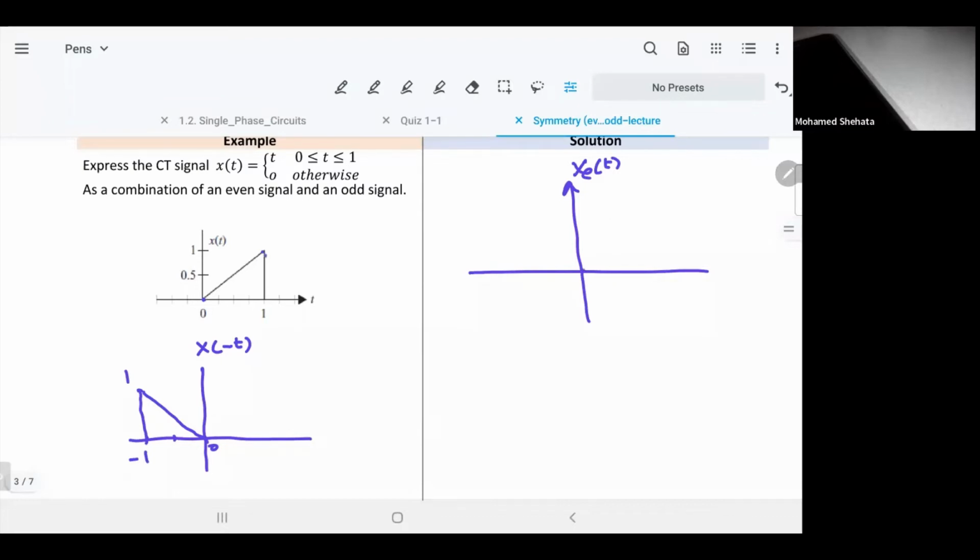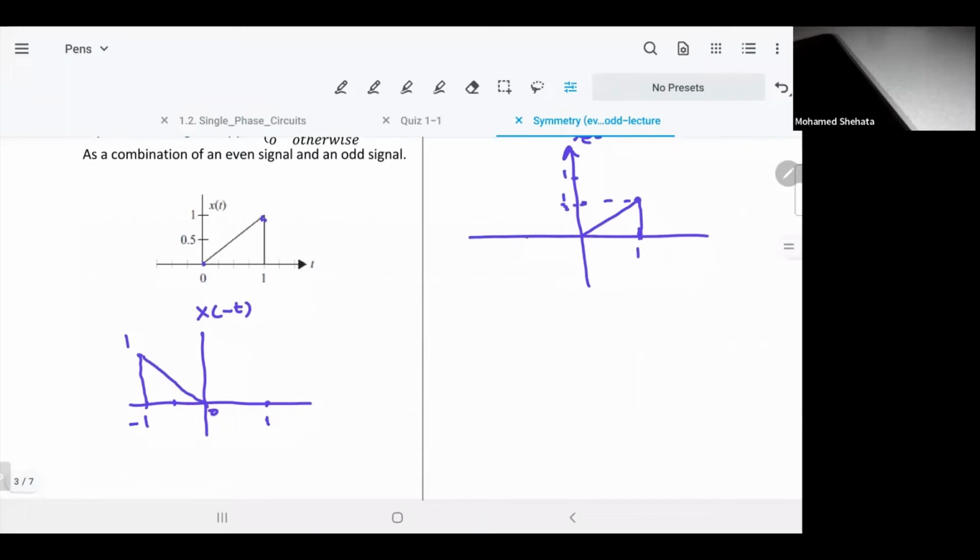And then you have here a triangle, and it's from 0 to 1. At 1 the value is 1, and if you go to the other signal at 1, the value is 0. So 1 plus 0 is equal to 1. 1 over 2 is equal to half. So at 1, instead of 1, you are going to have half. So you go to this point. Just take the major points in the graph to make it easy, and then you connect them with a straight line.